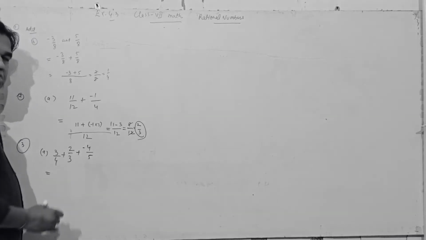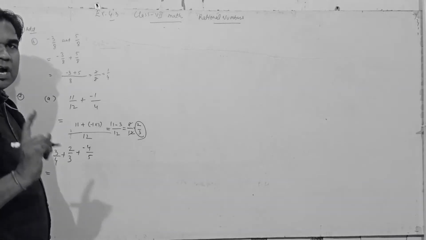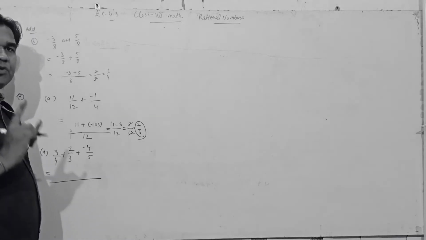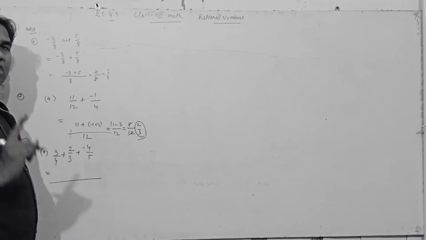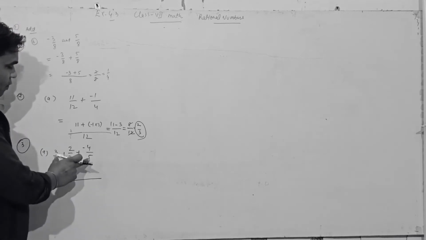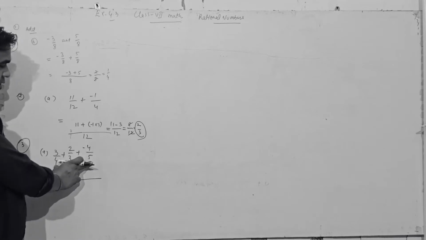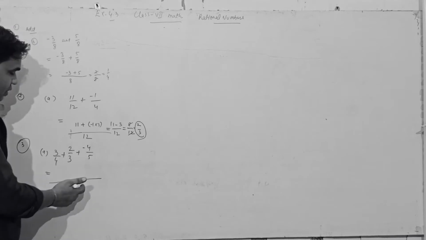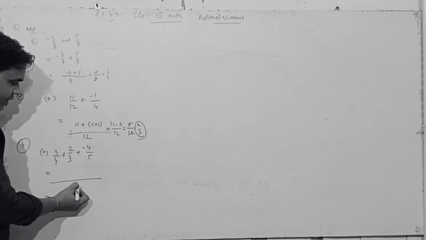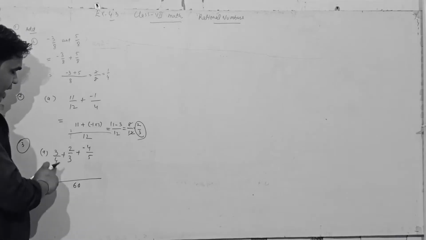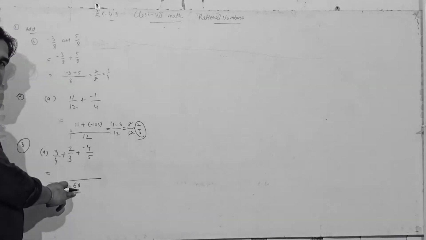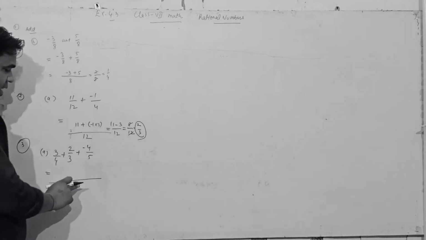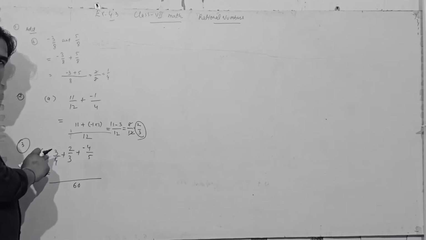Here, students, the denominators are different. With different denominators you take a common multiple, the LCM, which all the denominators divide. This number is 60. After getting the LCM 60, we divide by 4, which gives 15, and multiply in the numerator.